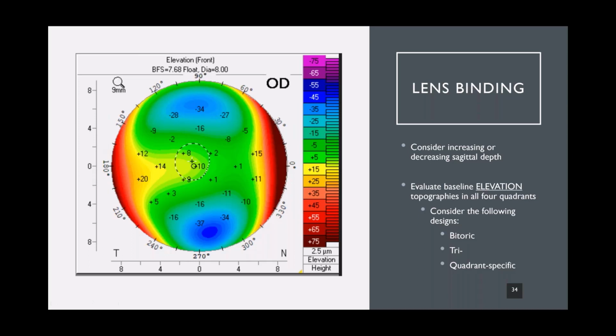So in a situation like this, you really ought to have the patient at the very least in a bitoric lens design, or even a tri or quadrant specific design. So a freeform design for sure, you're even more specific than quadrant specific. And you can handle pretty much any sort of weird elevation stuff with the Wave freeform design.